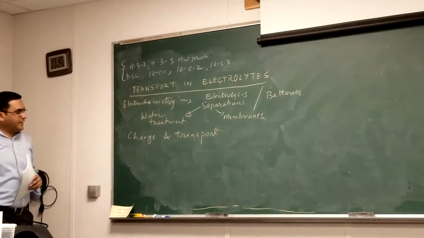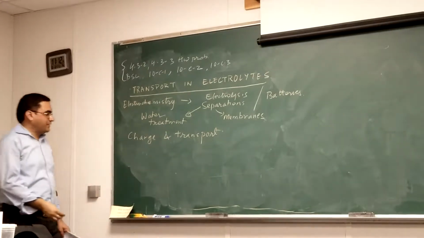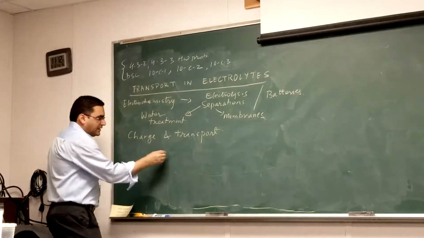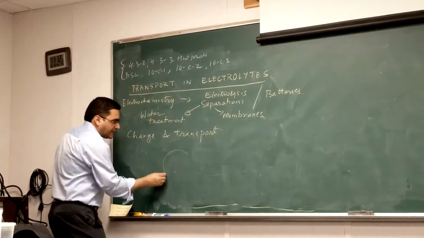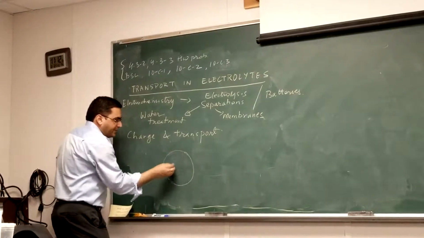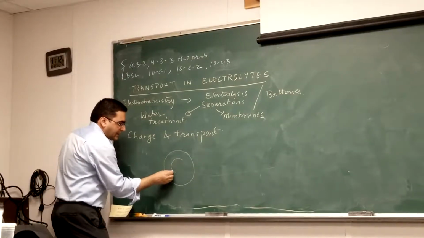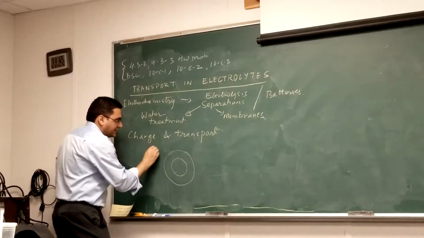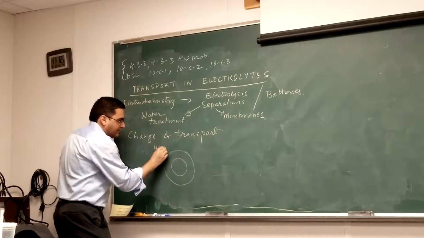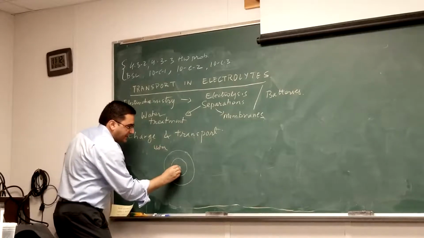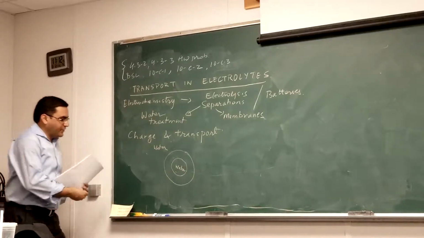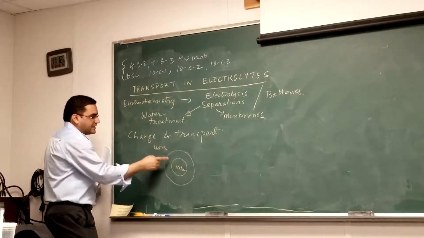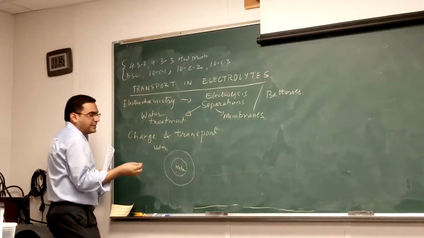Like one of the simplest and my favorite example is if you think about a cell membrane. A cell membrane has water inside and it has water outside. So there's water inside, water outside, and it's separated by a membrane that's formed by lipids.